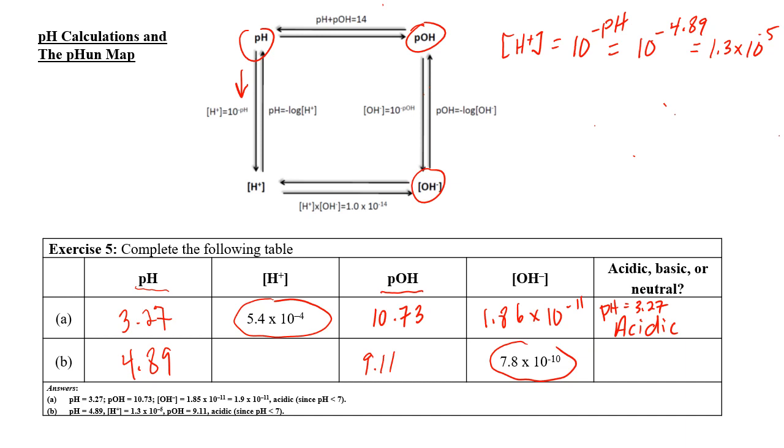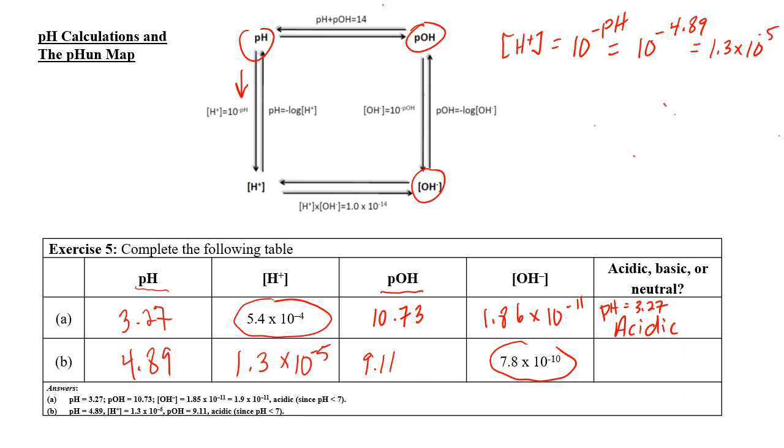Don't worry about that too much. Just worry about learning how to use your calculator and use these equations. So our H plus is 1.3 times 10 to the negative fifth molar. That's a concentration. Anytime you see brackets, it's concentration.